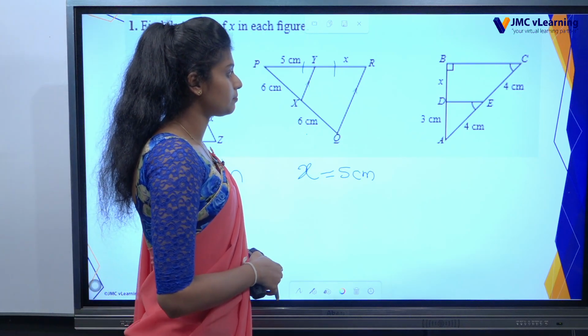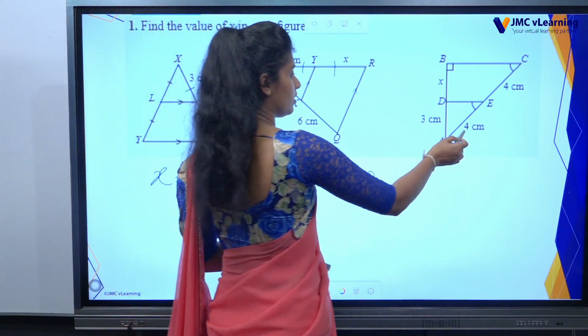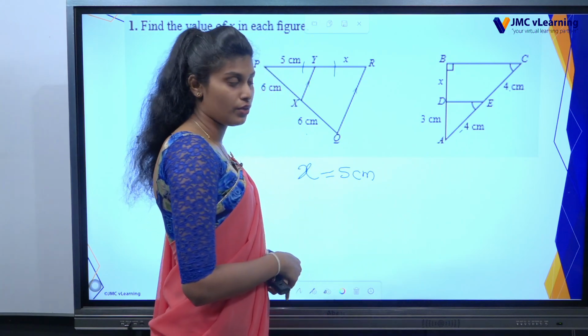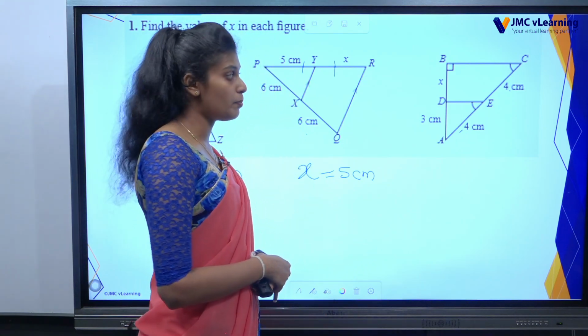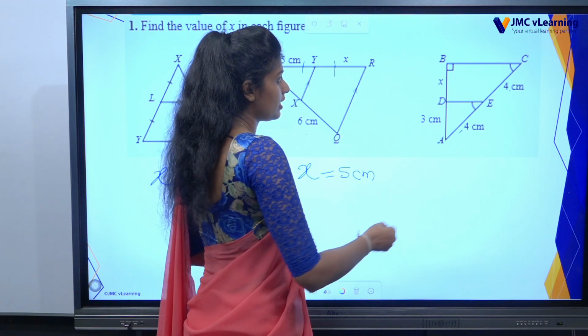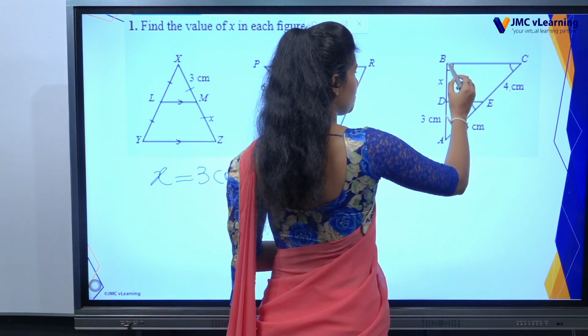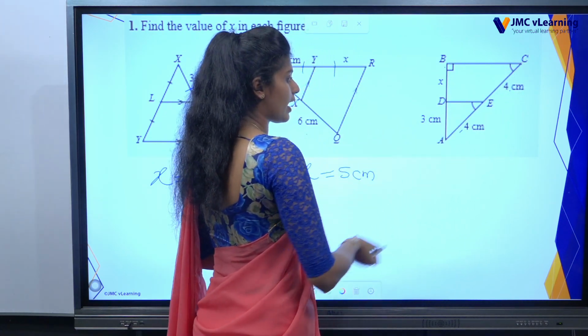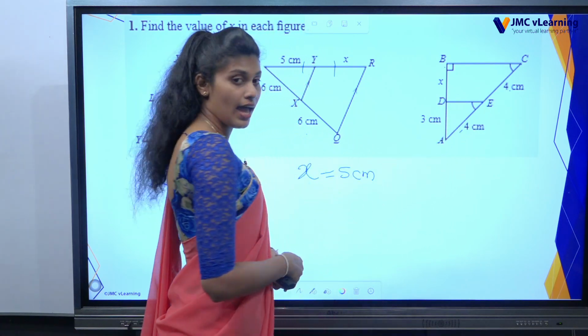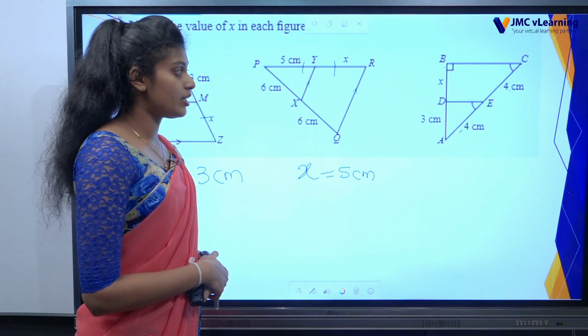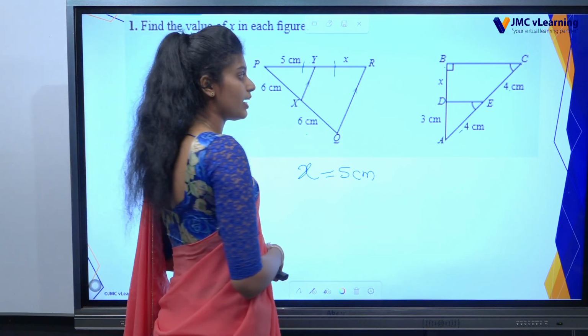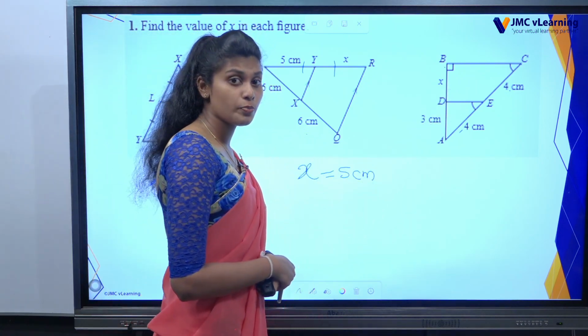Then the third one, here these 4 and 4 are equal, that means E is the midpoint. Then they have told us this BCE angle and DEA angle are equal in magnitude. That means we can take these as corresponding angles.